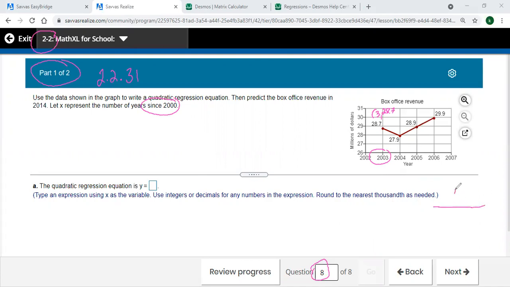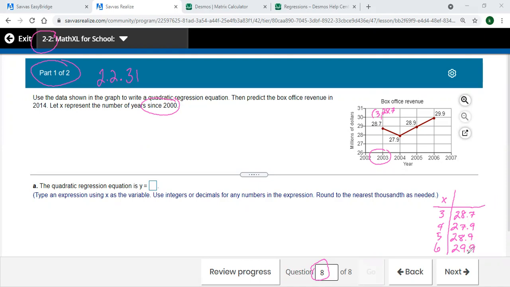So I'm going to put my data points down here. My x's would be 3, 4, 5, and 6. And then we got 28.7 for that first one, 27.9 for the next one, 28.9, if I'm looking at those right, and a 29.9.